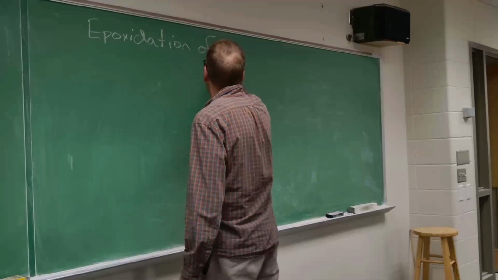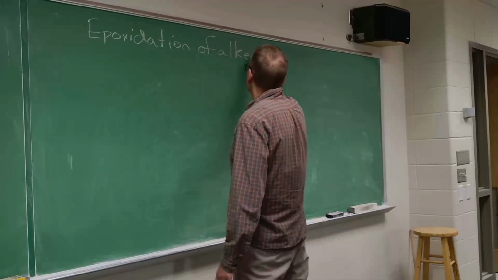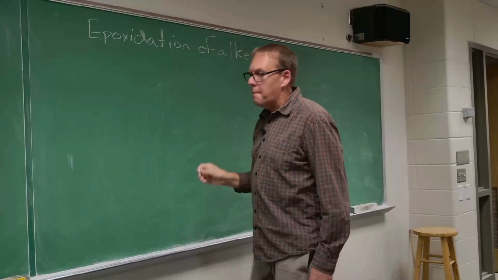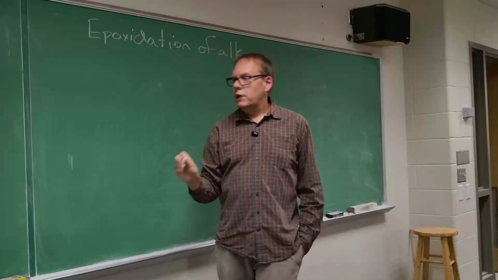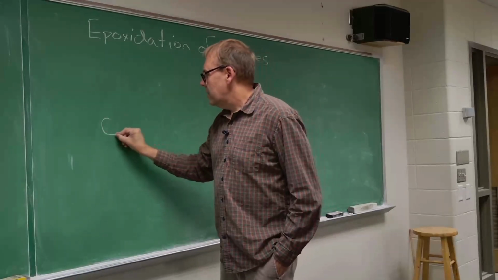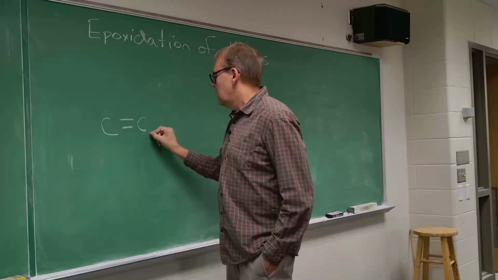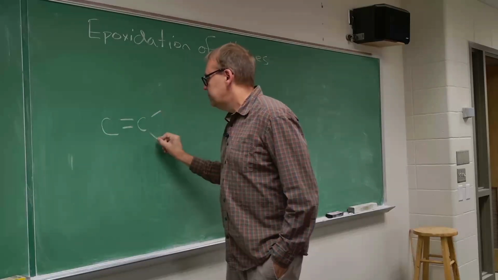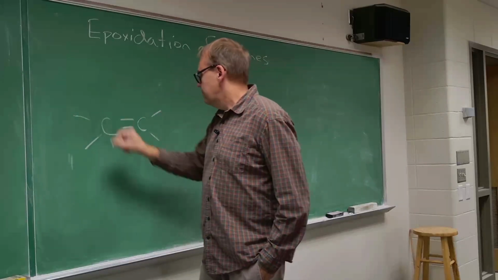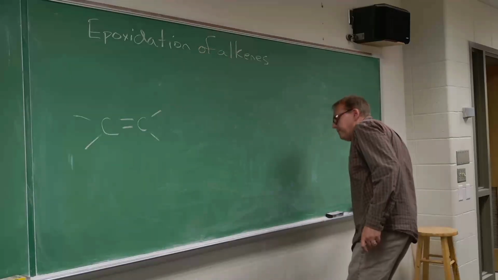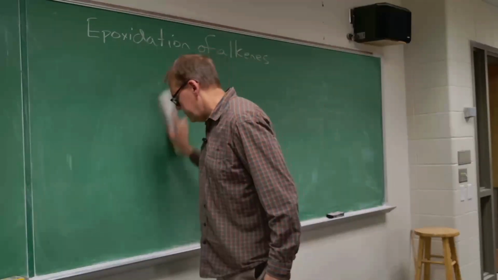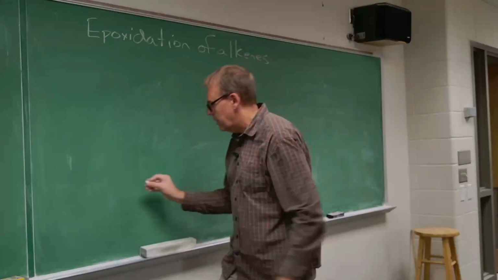So epoxidation of alkenes is a reaction that we talked about last time. Here is generally how it works, and I'm going to show you a mechanism that explains this. I'm going to lower this down so I have lots of room up here.